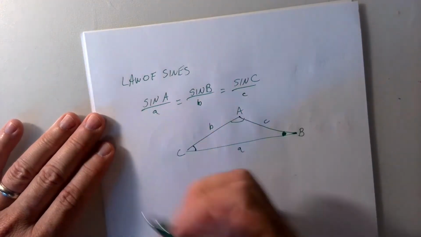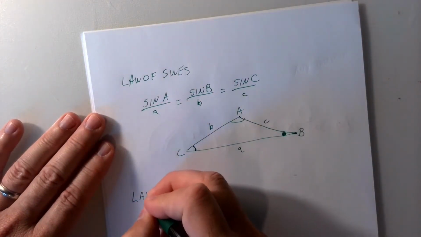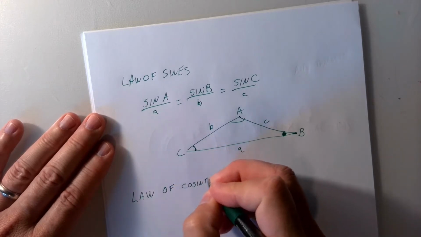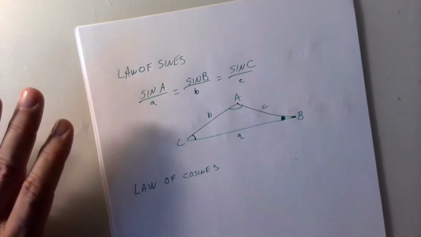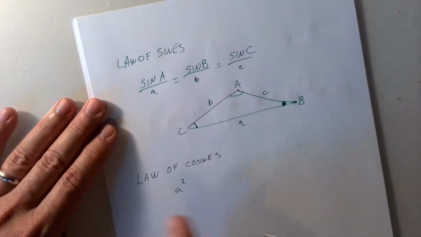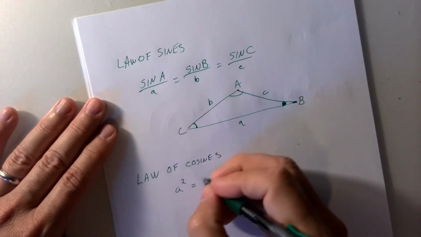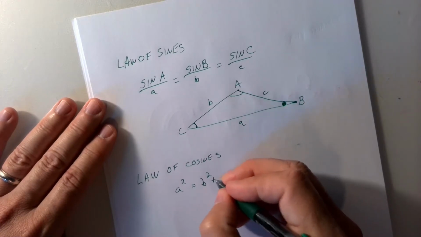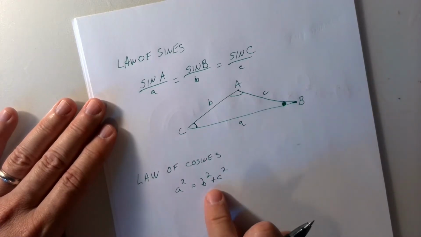And the law of cosines, I'm going to go ahead and write it in here right now, is a bigger one, and it looks like this. It's got a little Pythagorean theorem in it, that a side squared is equal to another side squared plus the other side squared, kind of like the Pythagorean theorem, right?